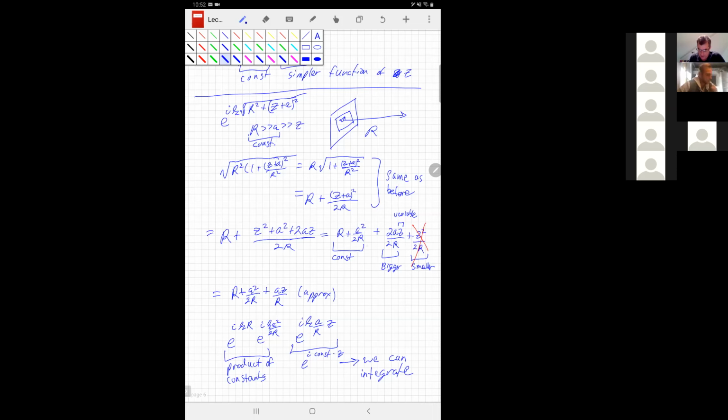This stuff here, yeah, it's huge, but it's constant. So we're interested in changes. 2az over 2r, that's changing a lot. z squared over 2r, barely changing at all. Other questions?